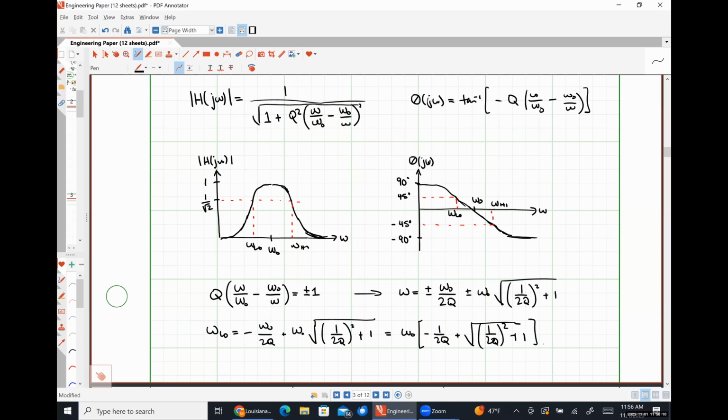So this one is going to be a little lower than omega naught. And omega high is going to be positive omega naught over 2Q plus omega naught times the square root of 1 over 2Q quantity squared plus 1, or omega naught times positive 1 over 2Q plus the square root of 1 over 2Q squared plus 1.